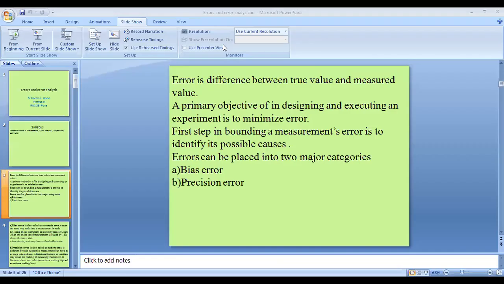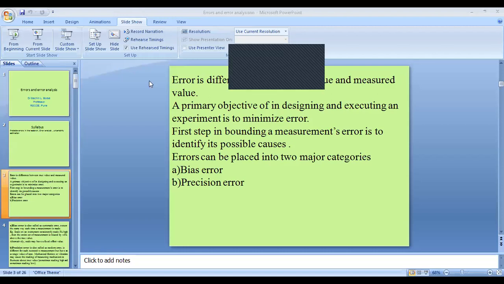It is the difference between the true or actual value and the measured value. That is called error analysis.